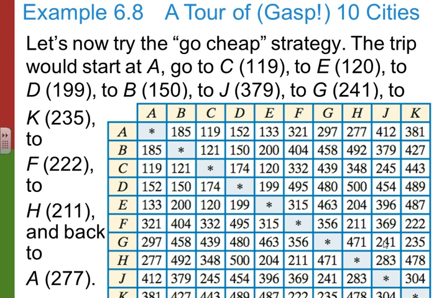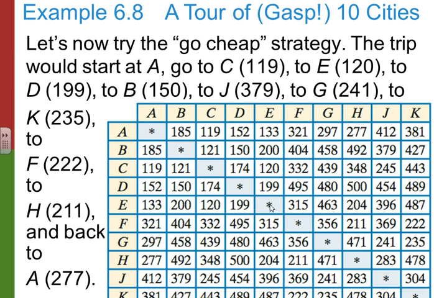Okay, so my cheap way would be to, if I start at A, go to the cheapest guy first. I go to C. Now I'm at C, I go to the cheapest guy next. But I've been at A already, so the cheapest guy after that is E. I go to E next.